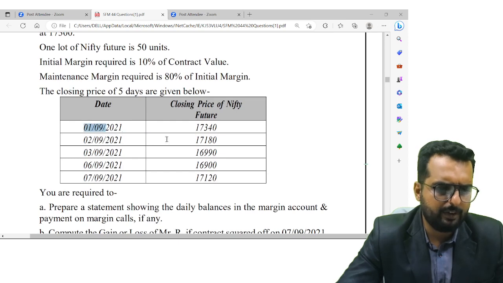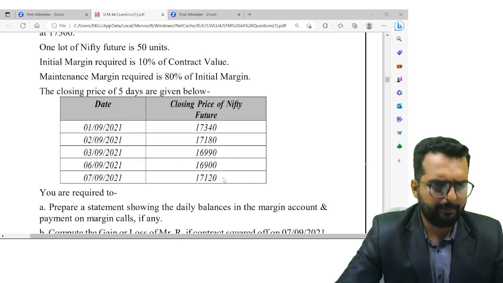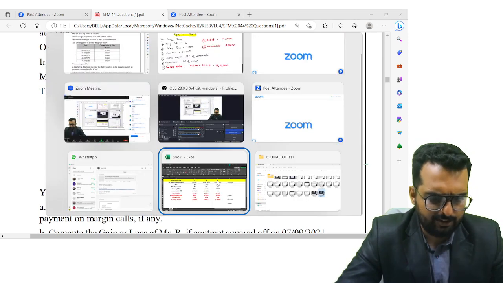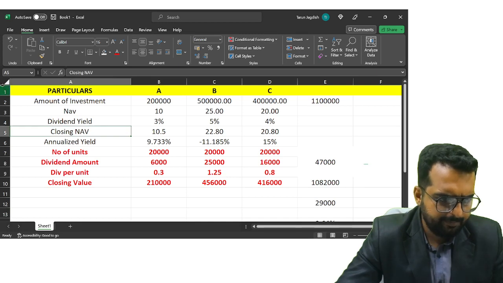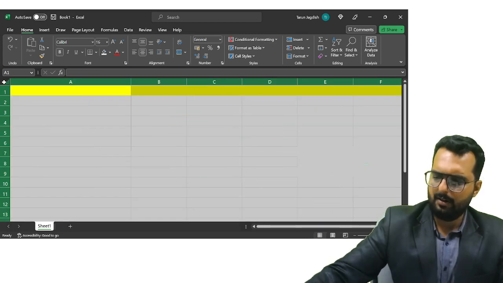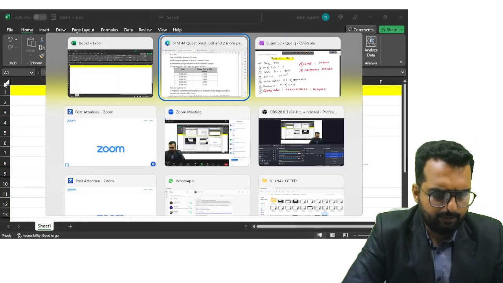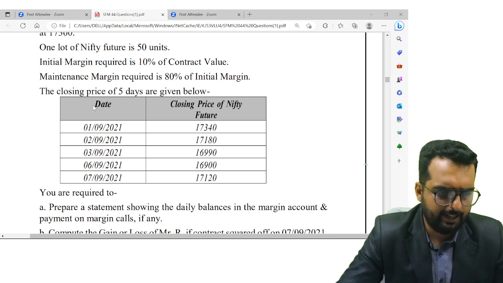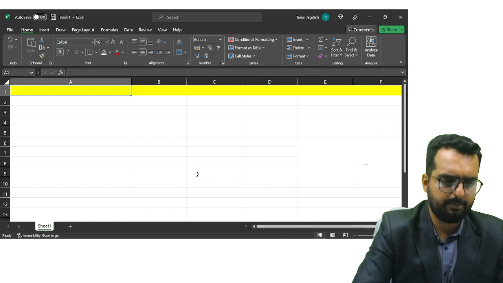question. Down they have given lot of prices. Okay. So based on this price, I will open an Excel sheet and I'll do it here. Alright. Let's do it here itself. So here they have given the date and they have given the closing price of Nifty. So I'll just copy down that.